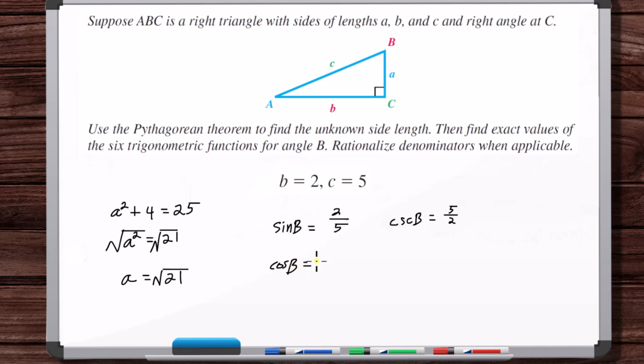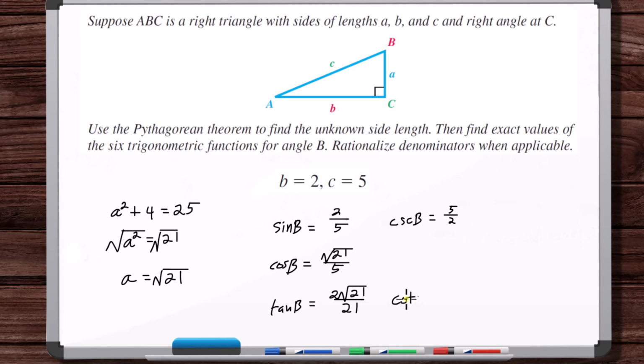Cosine of B is equal to adjacent over hypotenuse, so A over C, so root 21 over 5. Tangent of B is equal to opposite over adjacent, so B over A. 2 over root 21 times root 21 over root 21, so 2 root 21 over 21.